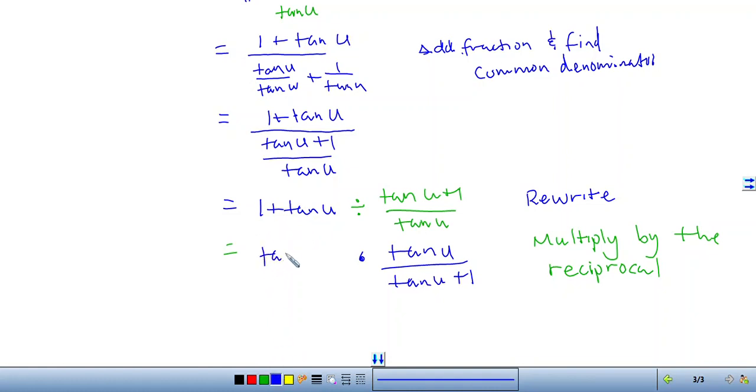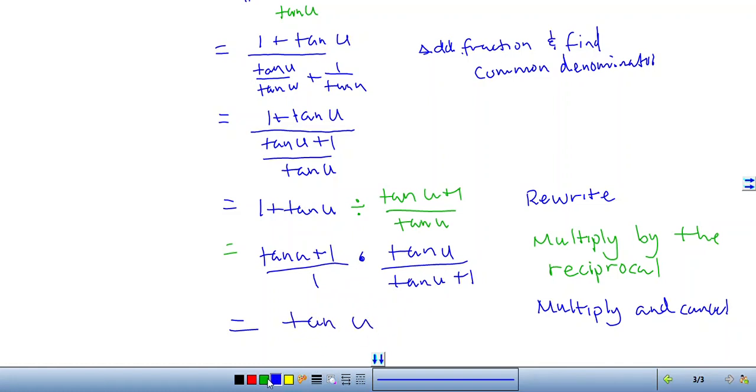So we're going to just switch places. And this is over 1. When you multiply, you just cancel. So we're going to cancel like terms. And notice these two are the like terms. So what I end up having is just tangent u, since the tangent here crosses out with this one.